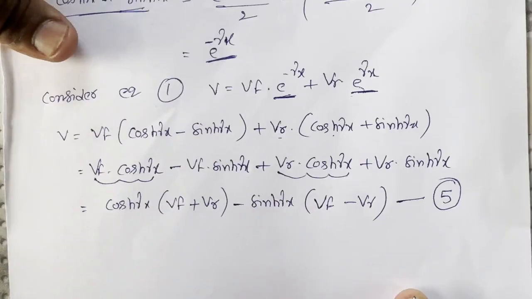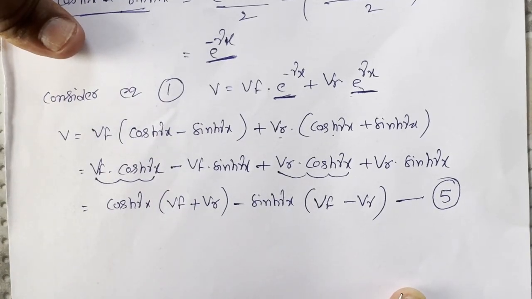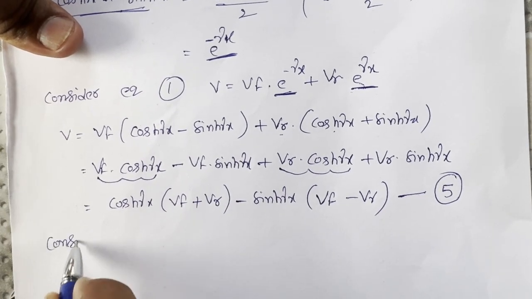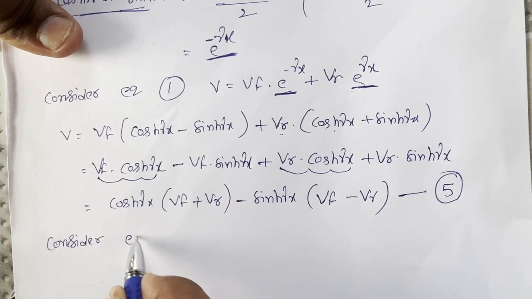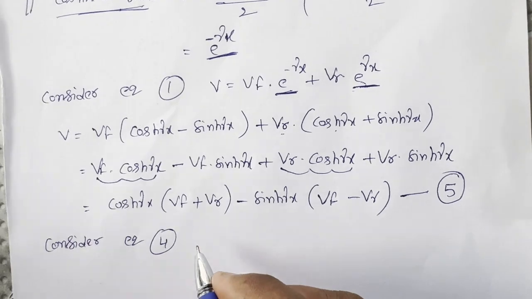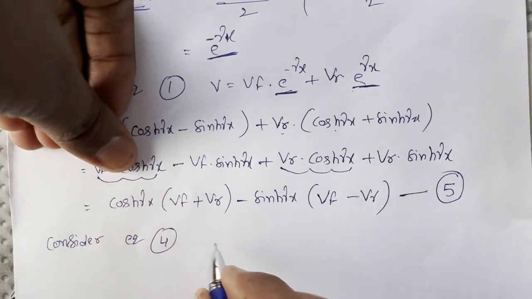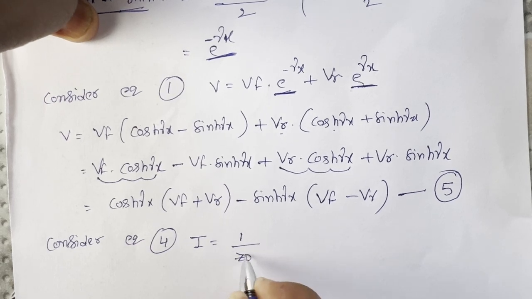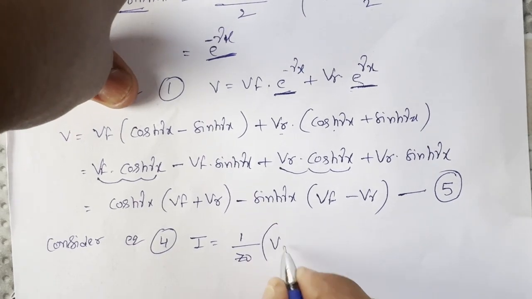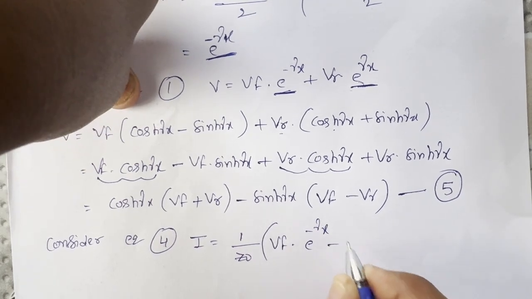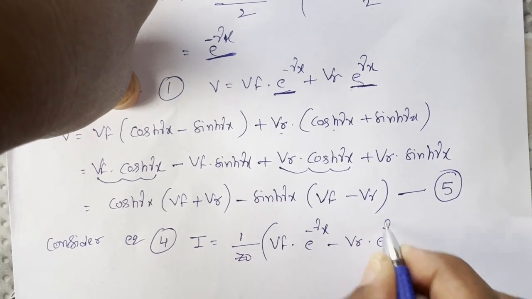Similarly, I am doing the same process for equation 4 also. Now consider equation 4. What we have here is I equal to 1 by Z0 into Vf into e power minus gamma x minus Vr into e power gamma x.